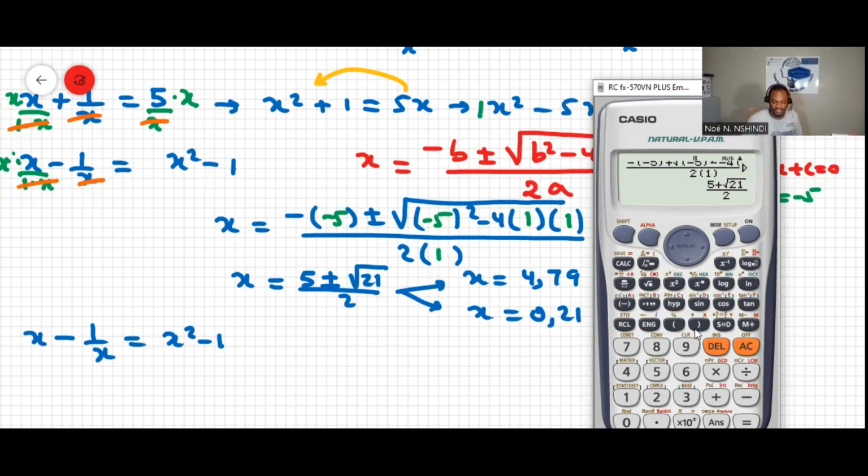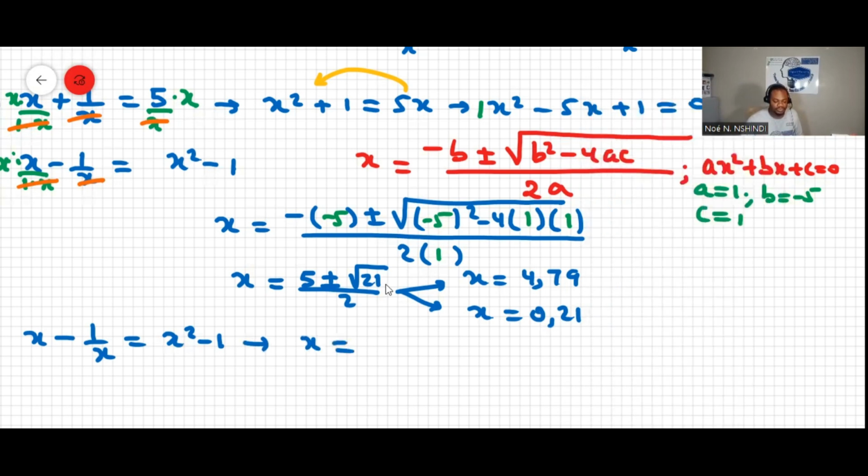The answer is there, and then the answer raised to the power of 2 will be equal to that, 23 plus 5, and then if you press SD, that makes 22.96, minus 1.